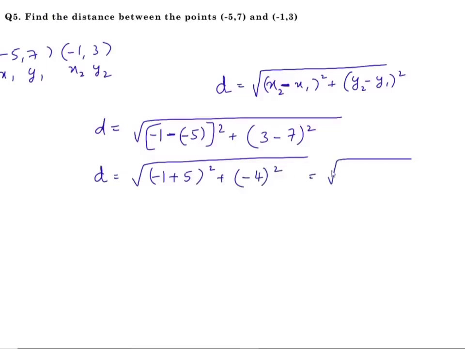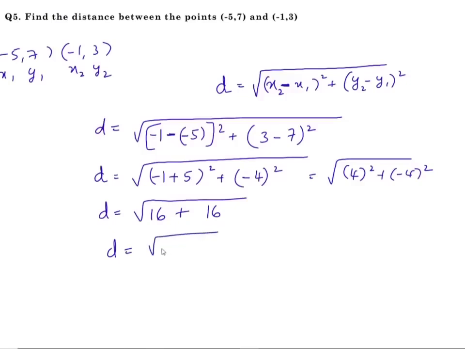Minus 1 plus 5 is 4 square plus minus 4 square. D equals square root of 4 square is 16 plus minus 4 square is also 16, because minus into minus is plus, 4 into 4 is 16.